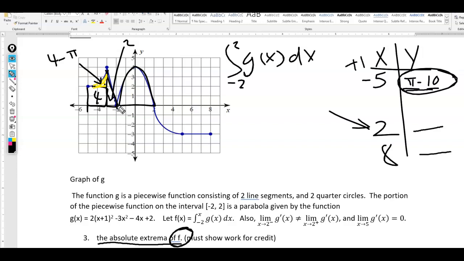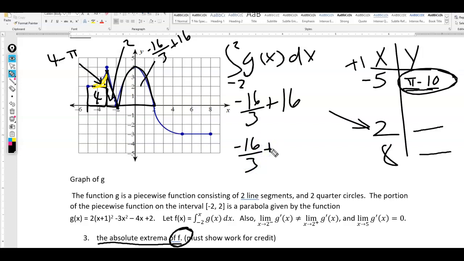And if I'm not mistaken, let me see, what did we get for that? What we got for that region was -16 over 3 plus 16. Now, if you want to get a common denominator, you can. I kind of already have a good idea of what this would equal.